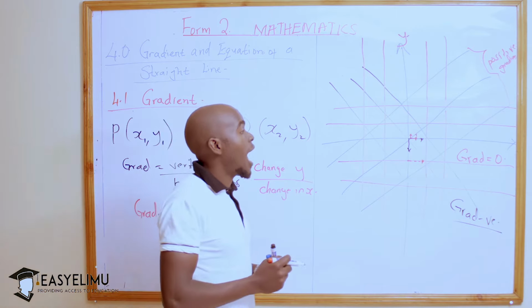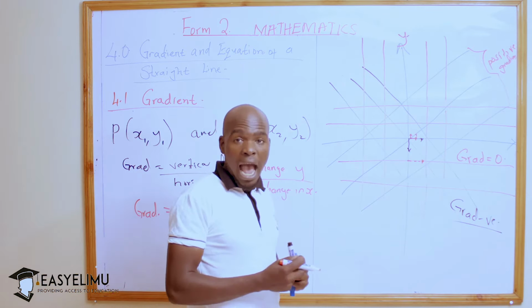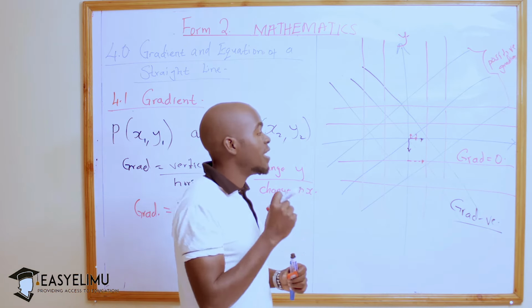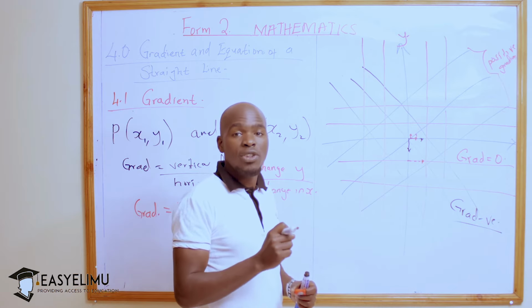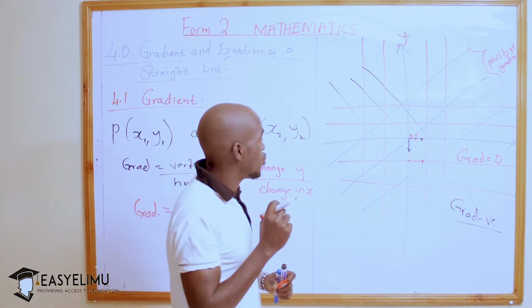Such lines have an undefined gradient. But if the lines have an increase in x, but y does not increase, as I have said, the gradient will be equal to 0.